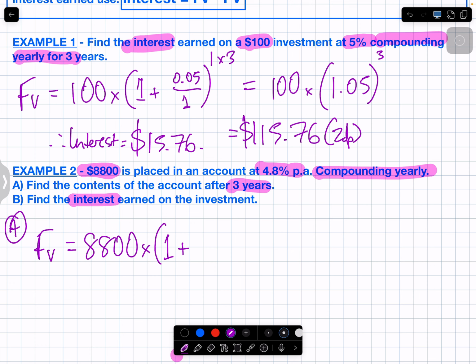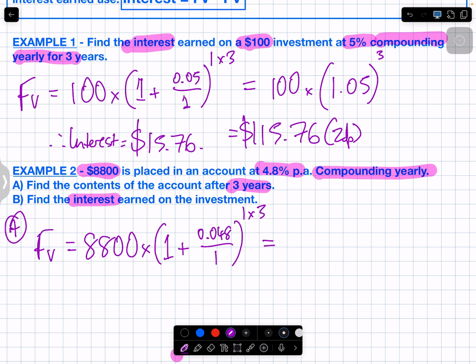Last week, people were telling me 0.48%. If I could find a bank that paid me 48% interest, I would be there in a heartbeat. That's crazy. 0.048 divided by 1 because it's compounding yearly. And then to the power of, you decided K was 1 already, and it's times 3.